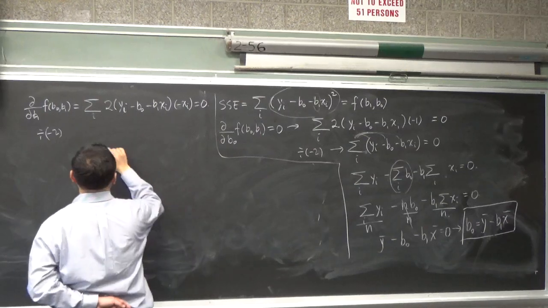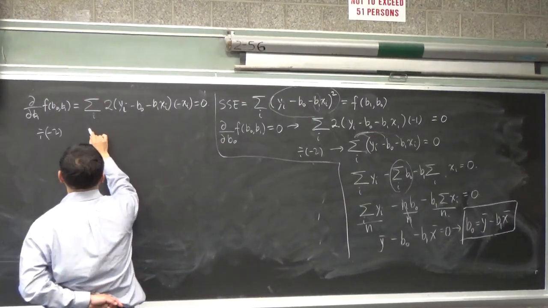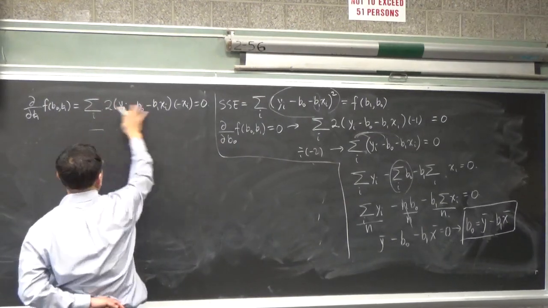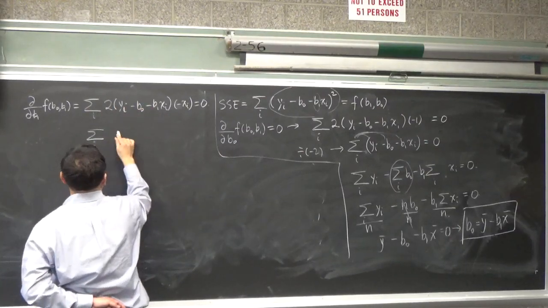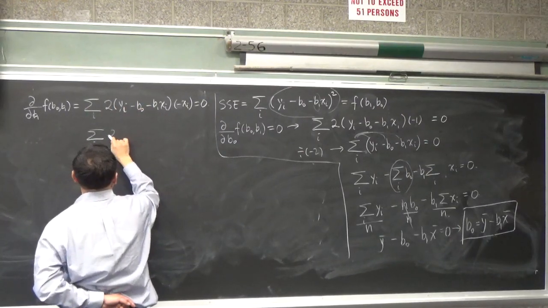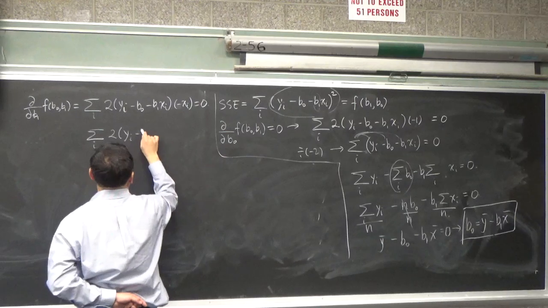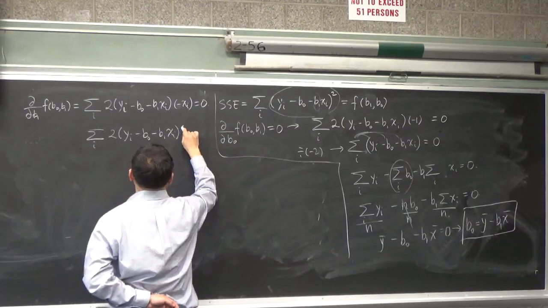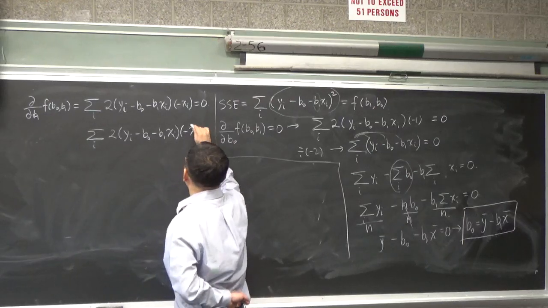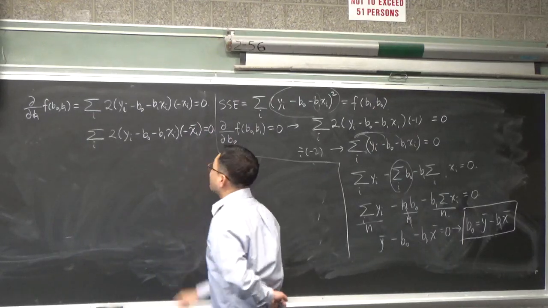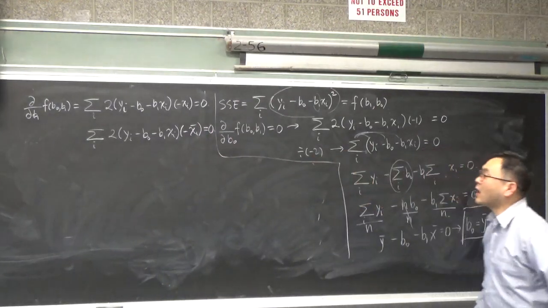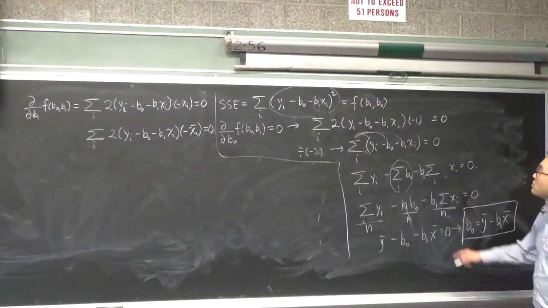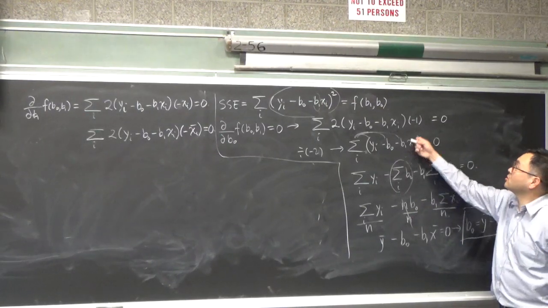I already know that, so I have this one result, right? So what you want to do is write this one. Now how do I know that second one is true? Because I know that this is true, right?